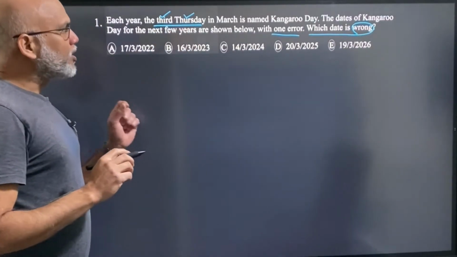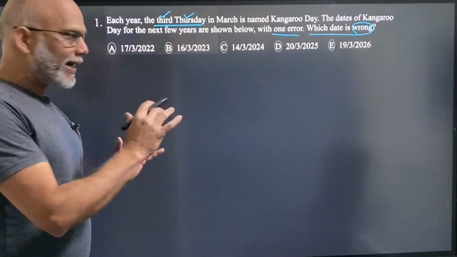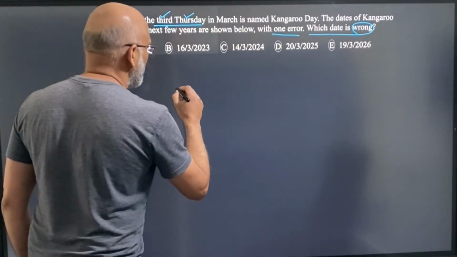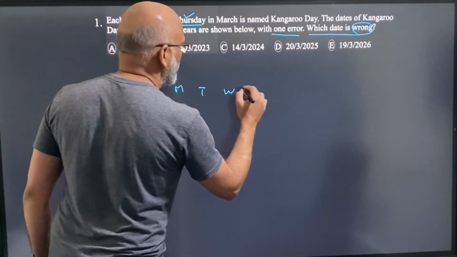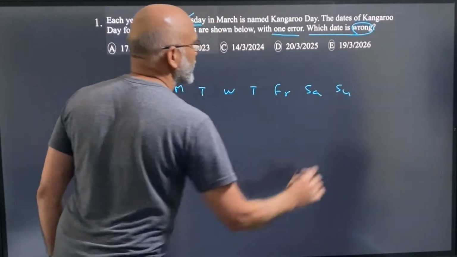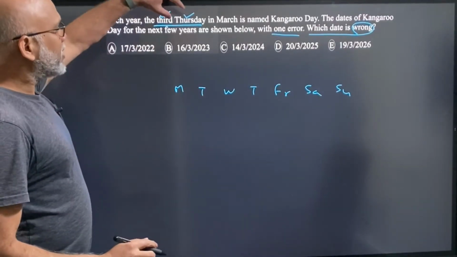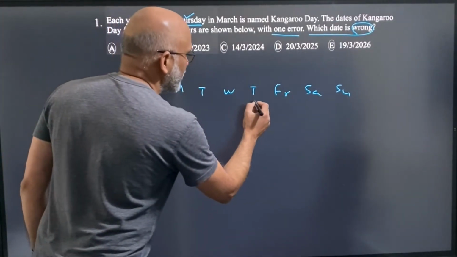Okay, so what is the least possible date for a day to be third Thursday? Let me write down a quick calendar that will make it easier. Monday, Tuesday, Wednesday, Thursday, Friday, Saturday, Sunday. So the least possible date for a day to be Thursday is the first Thursday.